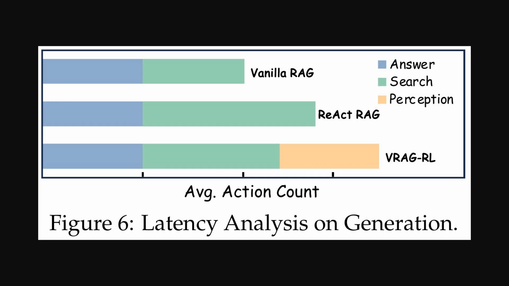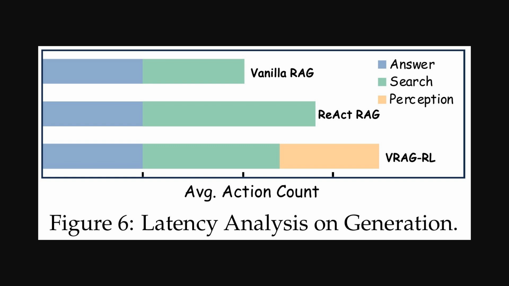Of course, all of that improved performance and better retrieval does come with a trade-off, and that's latency. This chart breaks down the average number of actions each model takes to reach a conclusion. You can see that for vanilla RAG and ReAct-RAG, the process is just a mix of searching and answering. But for VRAG-RL, there's that extra step, the orange perception block.